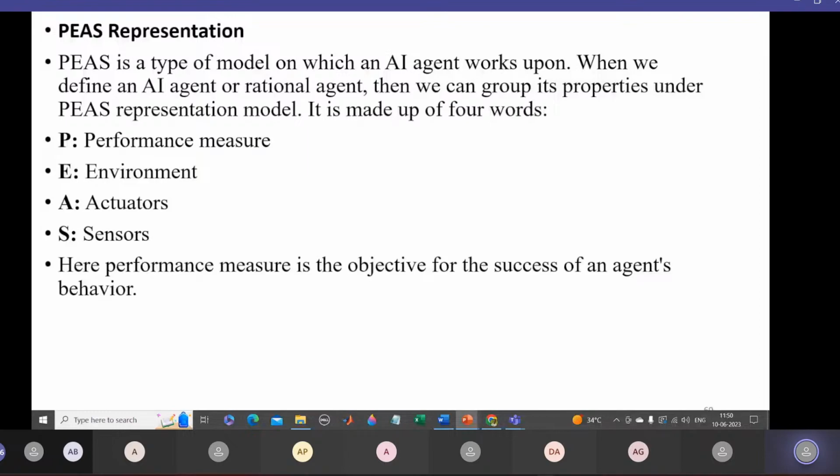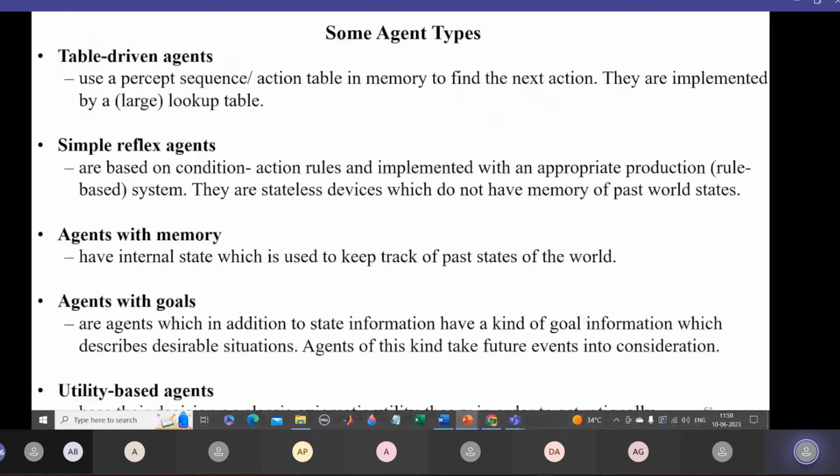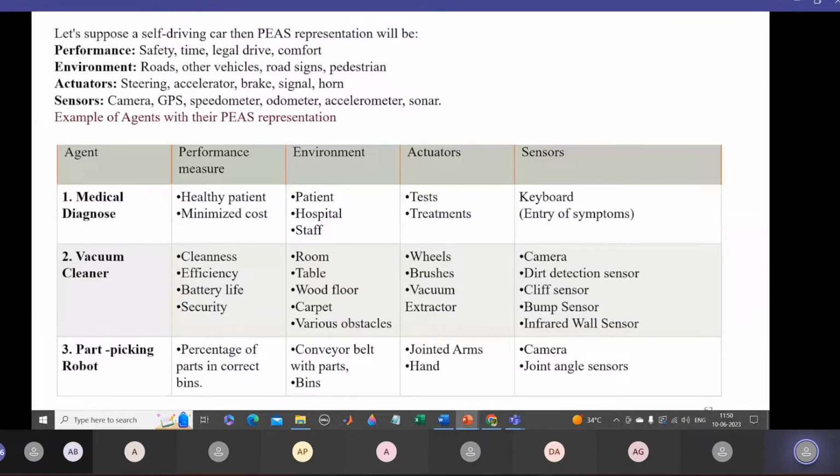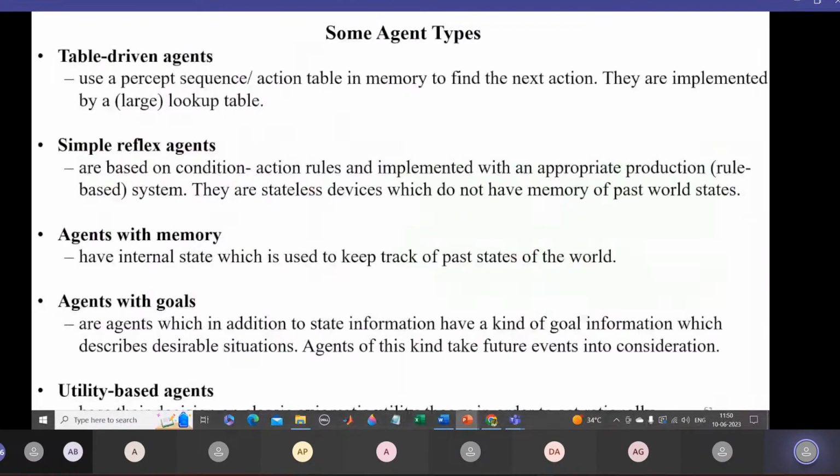What are the different agent types? There are table-driven agents, simple reflex agents, agents with memory, agents with goals, and utility-based agents. We'll be seeing them one by one. When it's table-driven, they have an action table, a lookup table for what the next action could be.